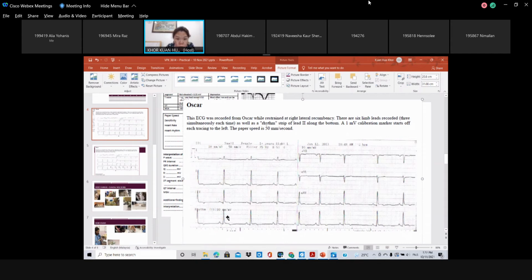I think roughly it's about 3 or 4 boxes. So for the PR interval, you should start from here until here. Roughly there are about 3 or 4 boxes. So if it is 4 boxes, 1 box is 0.02, 4 is 0.08 second.